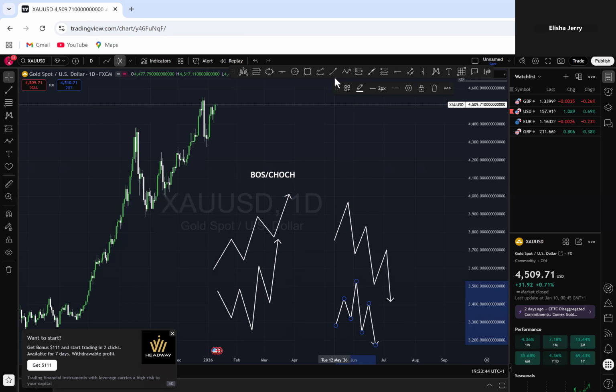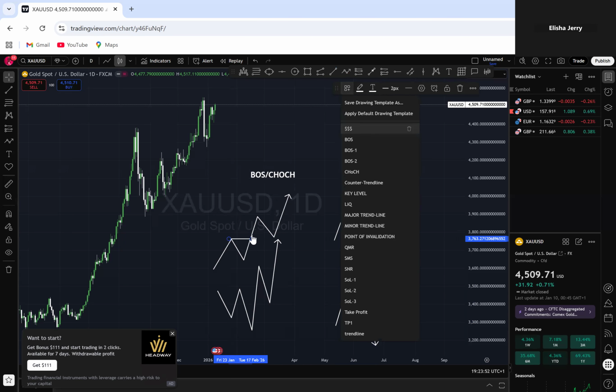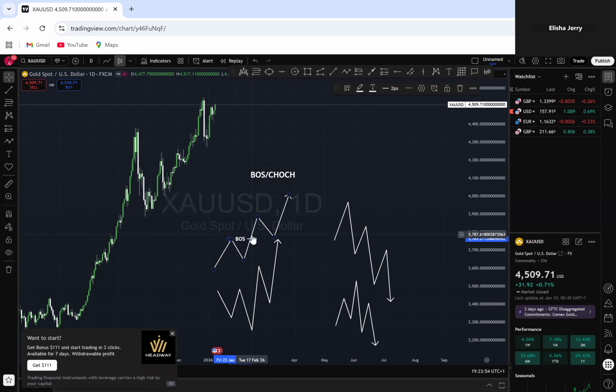So you are either looking for a break of structure or a change of character, like I said earlier on. A downtrend switched into an uptrend.